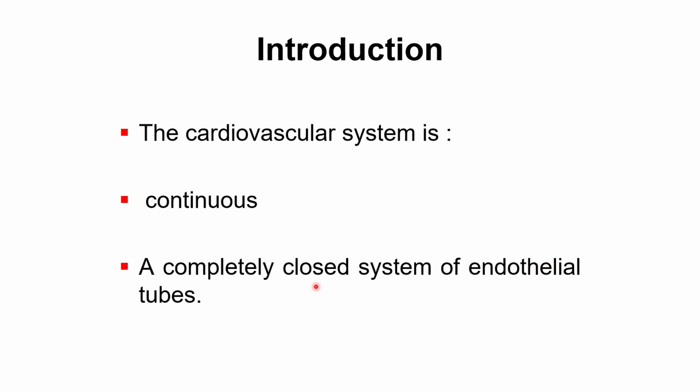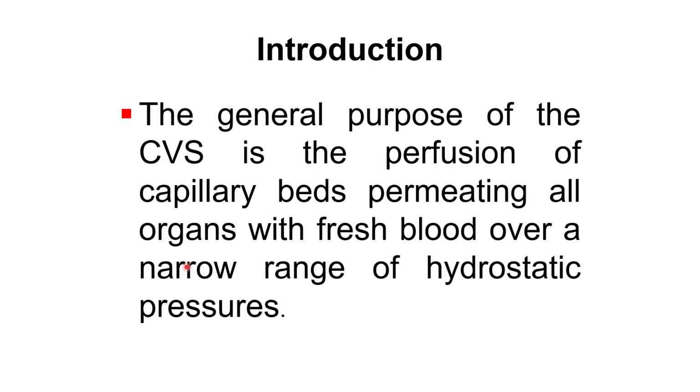So the endothelium is all over the system. It's the lining of the whole system. And the general purpose of this system is to perfuse the capillary beds of all organs in the body with fresh blood, and this perfusion is done over a really narrow range of hydrostatic pressures.